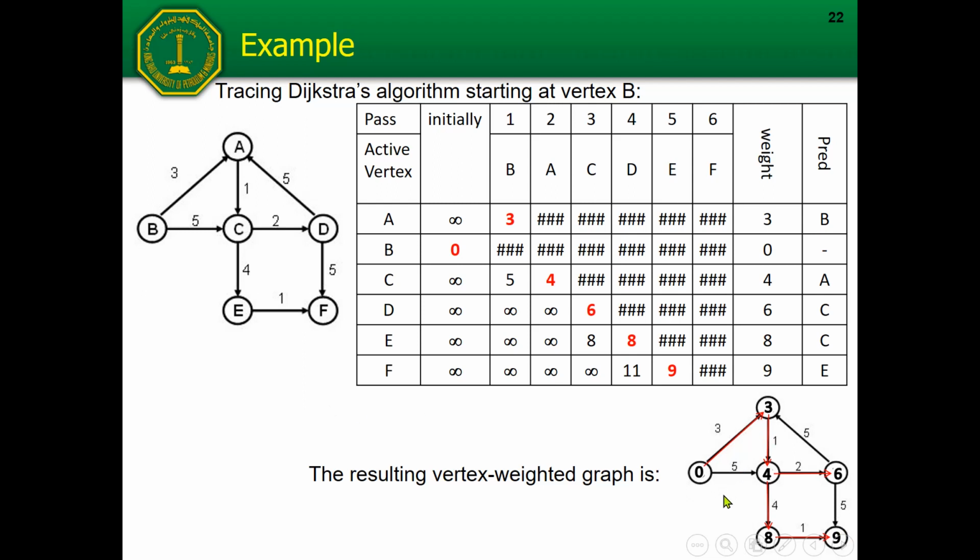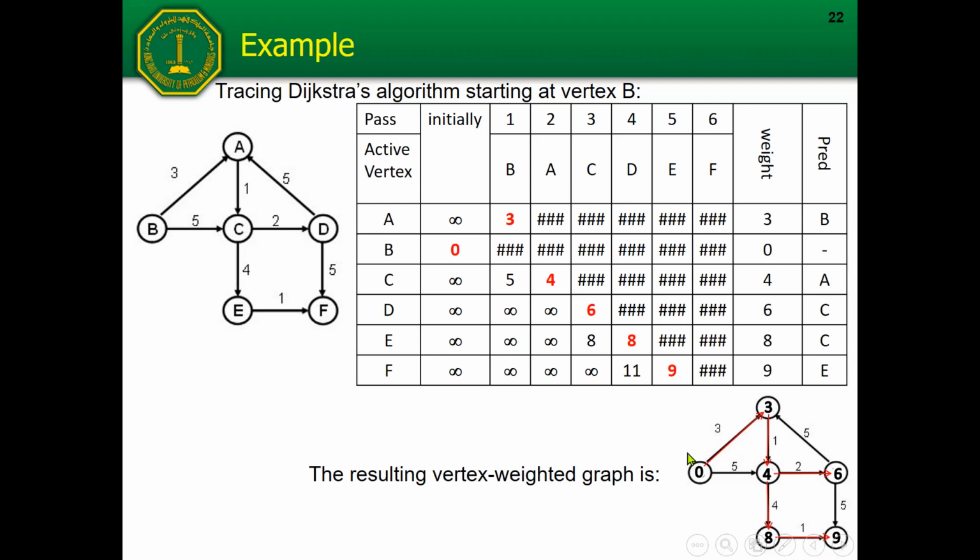Actually, you can determine that path by looking at the predecessor information. Starting from B, B is the predecessor of A. That's why from B to A. Then A is the predecessor of C, from A to C. Then C is the predecessor of both D and E. That's why from C we branch to D and we go also to E. Then E is the predecessor of F. That's why we have this path.